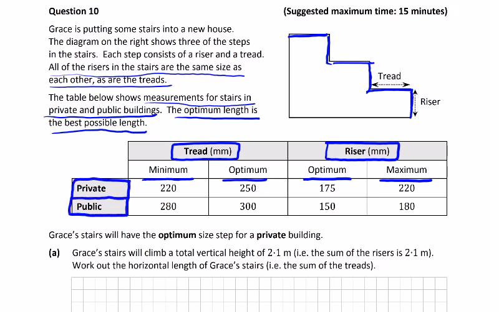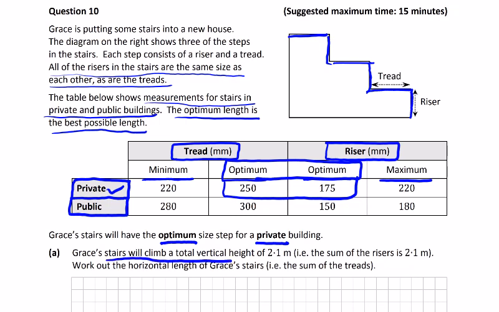Just take your time with these questions. Grace's stairs will have the optimum size for a private building. Well, here's private, and optimum, there are 2 optimums. This one here.